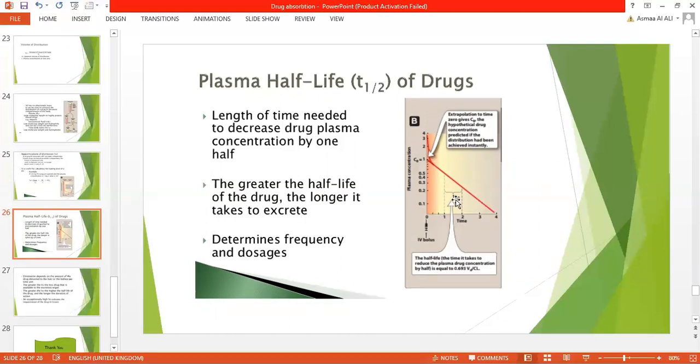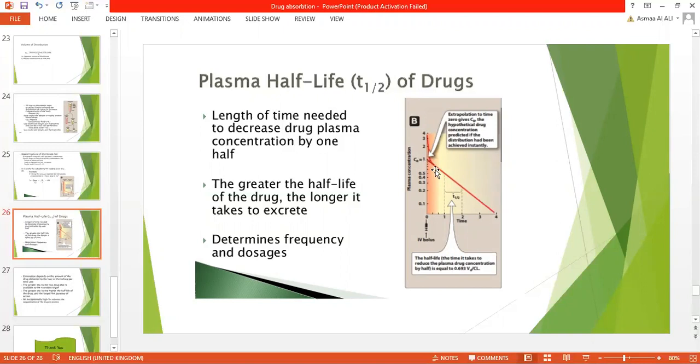For an example, extrapolation to time 0 gives C0. The hypothetical drug concentration predicts what it would be if the distribution had been achieved instantly.